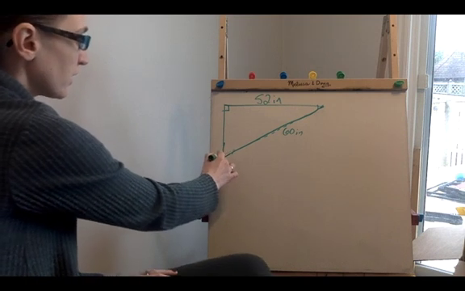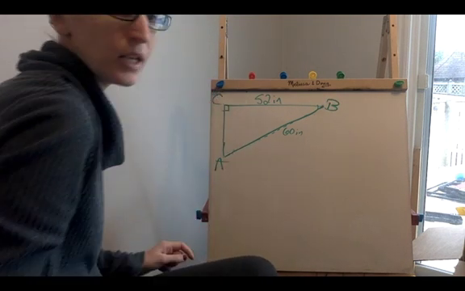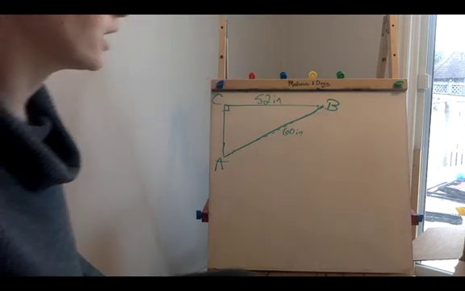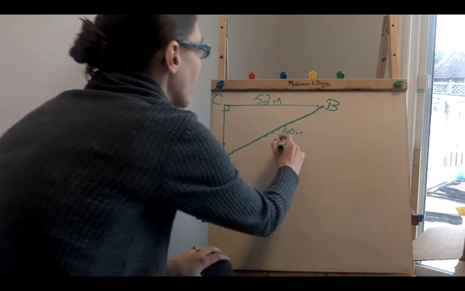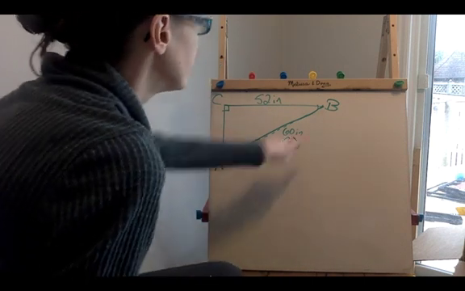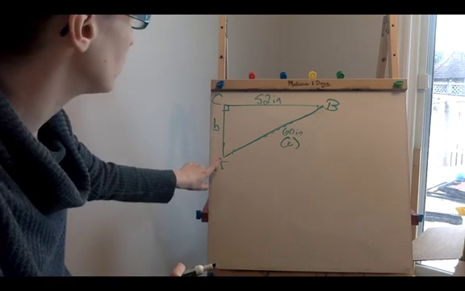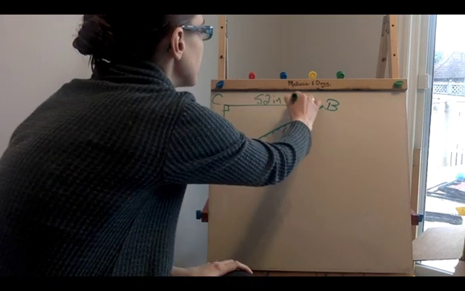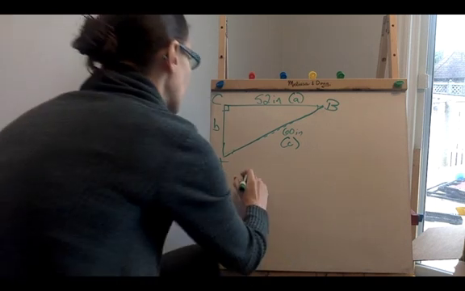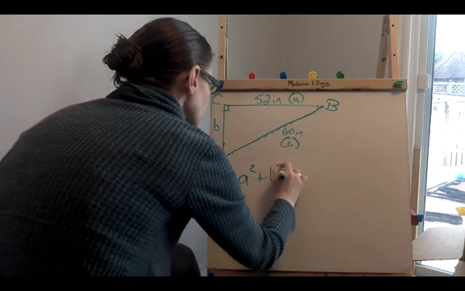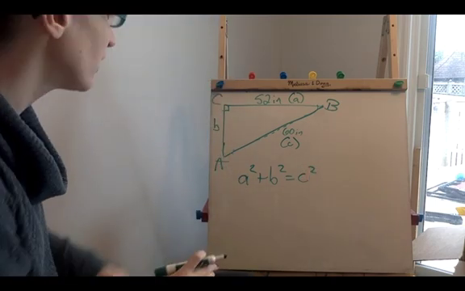So again, I can relabel this A, B, C here. I've chosen it in such a way that the hypotenuse, the side directly across from the right angle, would be side length C. Side length B is the height, the value we're actually trying to find, and side length A is up here. Okay, so if we did that, we can set up A squared plus B squared is equal to C squared.